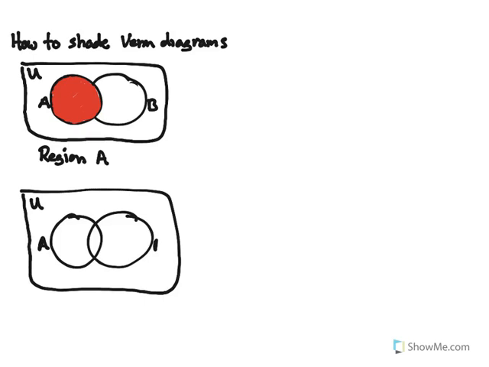So we have A and B. And I want you to shade in the A complement, and that's usually A prime, okay? Sometimes you'll see a superscript C, or a bar over the letter, okay?